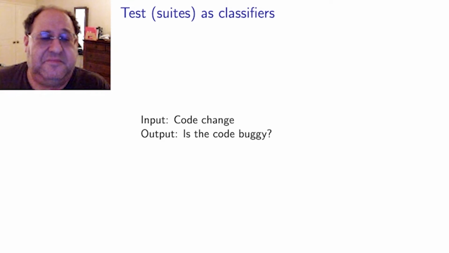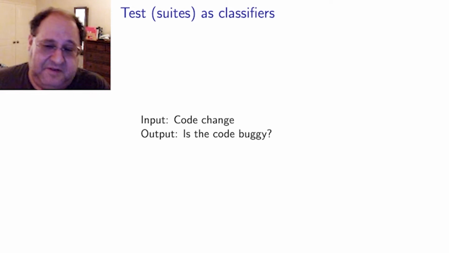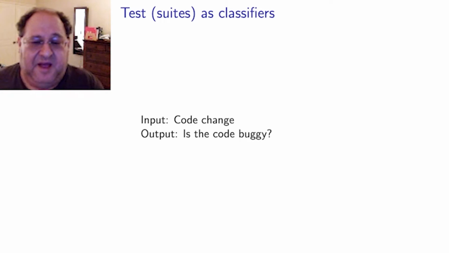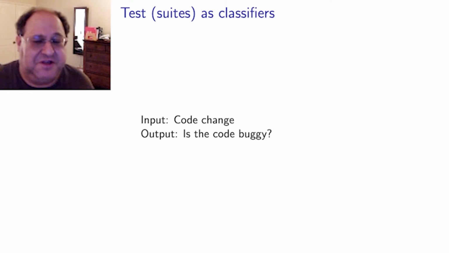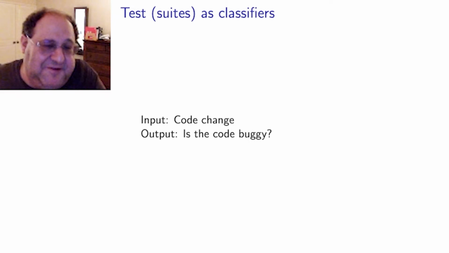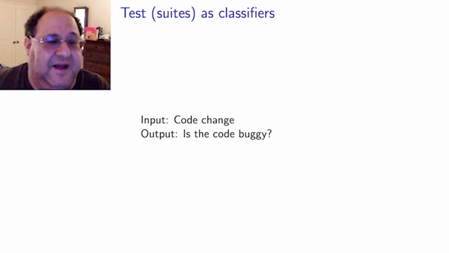That CI system runs the unit tests, and if a single unit test fails, the code is buggy, right? It's a classifier. That code change, that code diff, belongs to the buggy pile. It's alarming on that. And if it's not buggy, then it's good.